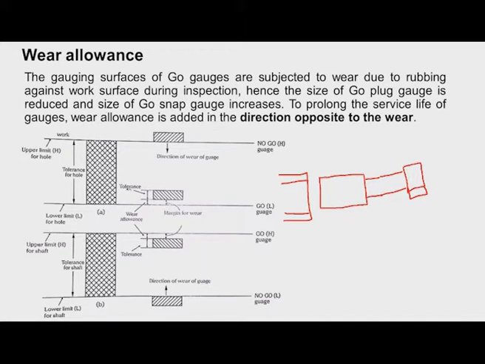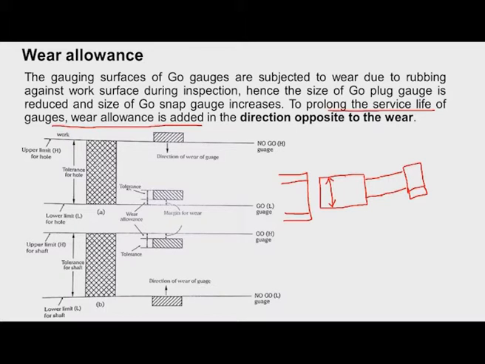Now in order to prolong the service life of gauges, wear allowance is added in the direction opposite to the wear. That means when we use this gauge, due to continuous usage, the diameter of the go plug gauge will be reducing.